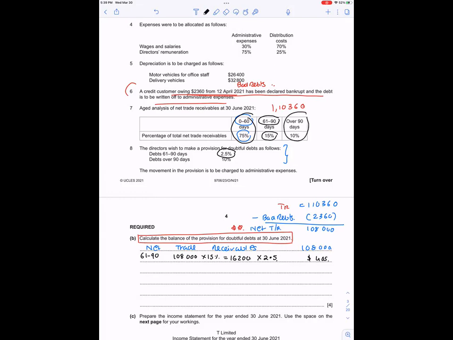10% of my trade receivables are over 90 days. How much percent? 10%.